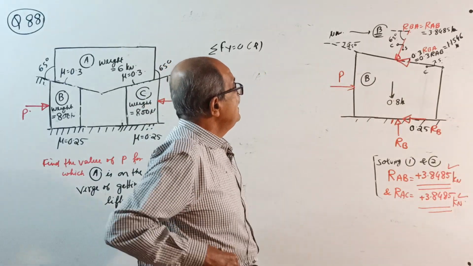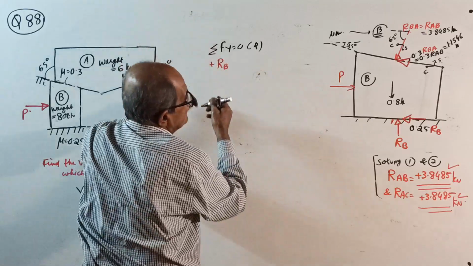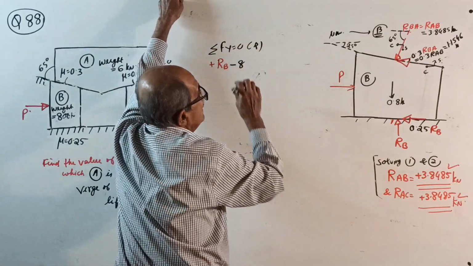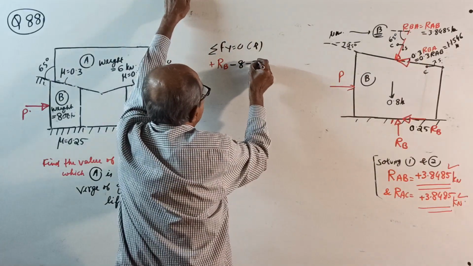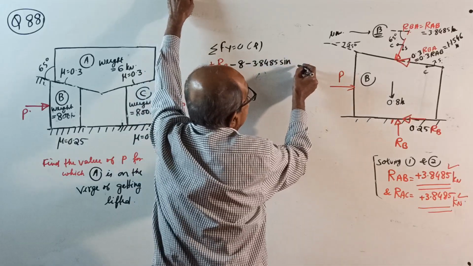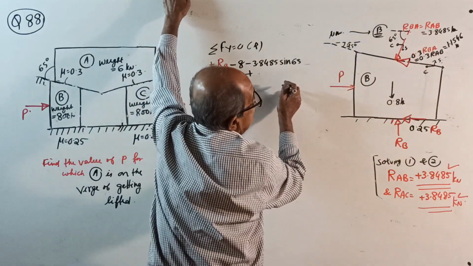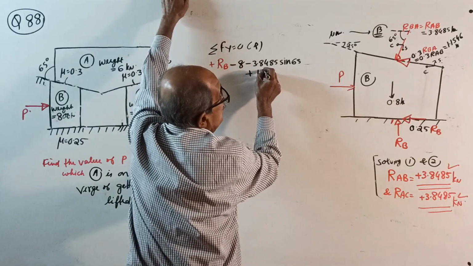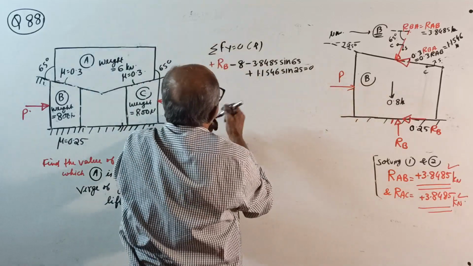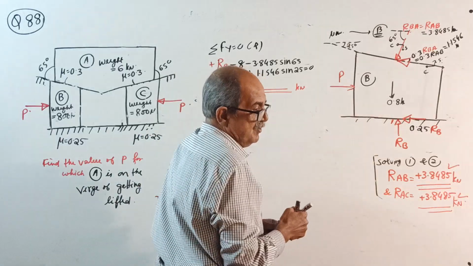Plus RB, minus 8, minus 3.8485 sine 65, again plus 1.1546 sine 25 equal to 0. You will get the value of RB. P will not come, it will come in kilonewton. Let me calculate.